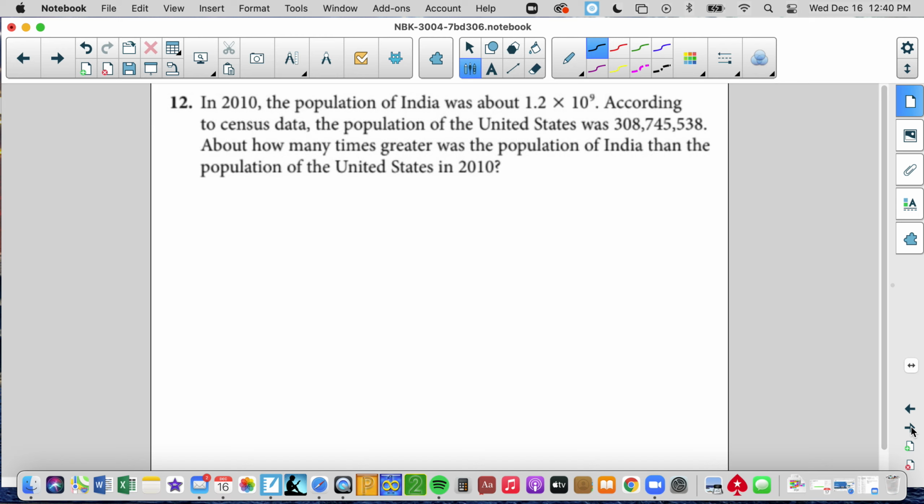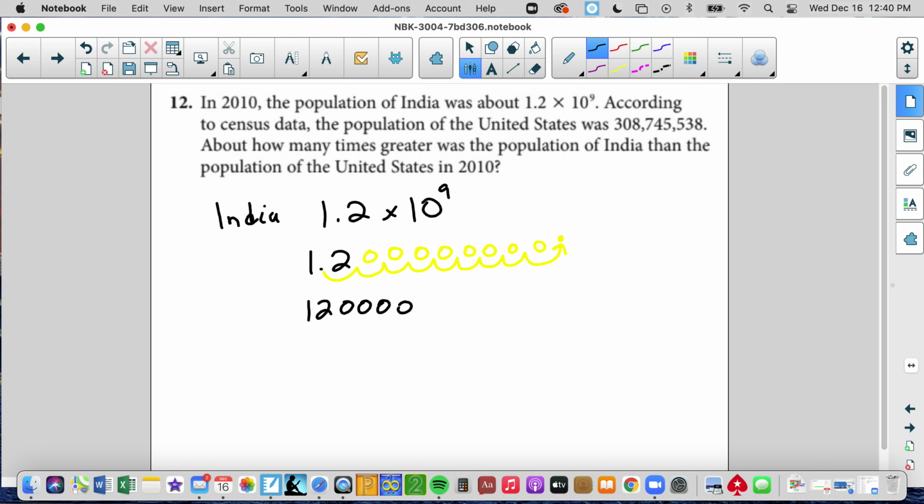So if we take India's population, which is 1.2 times 10 to the 9th, which I don't know if you remember is a billion, we would move that decimal point 9 places. 1, 2, 3, 4, 5, 6, 7, 8, 9. And we add zeros in there. And every 3 zeros, you give a comma.